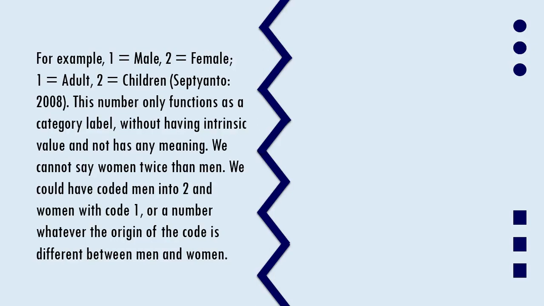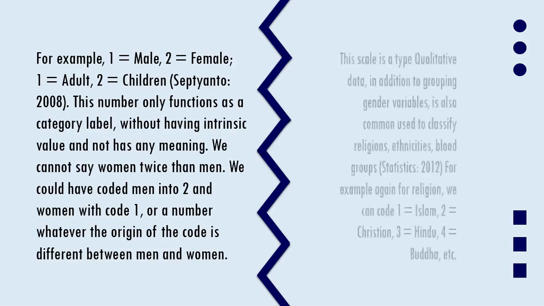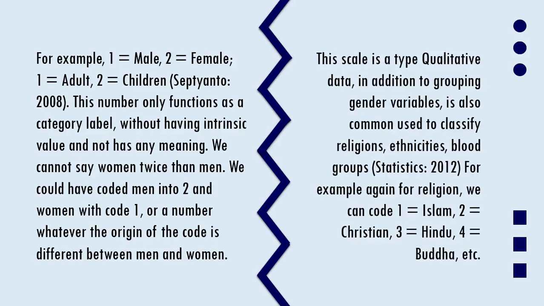This number only functions as a category label without having intrinsic value or any meaning. We cannot say a woman is twice a man. We could have coded man as 2 and woman as 1, or any number, as long as the code is different between man and woman.